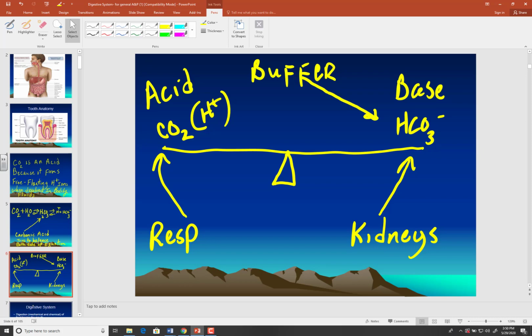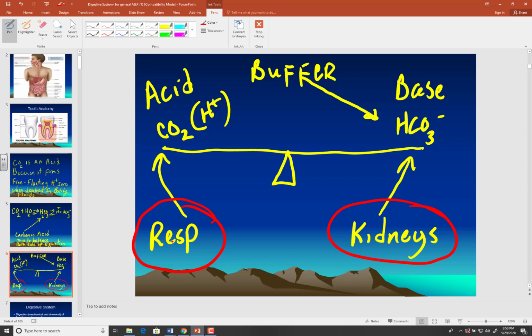This little balance. Now, you should be getting a handle on at least chemical buffers, and then the difference between chemical buffers and physiologic buffers. And as I stated in the video, physiologic buffers are systems that help maintain the pH of the blood.